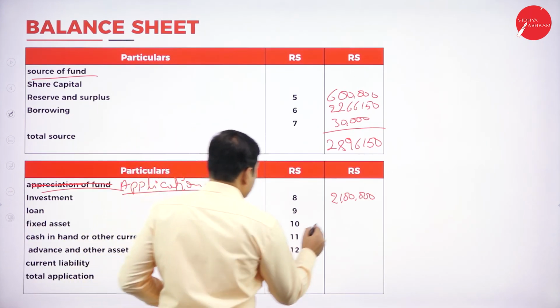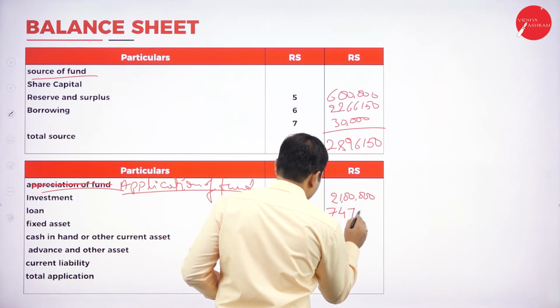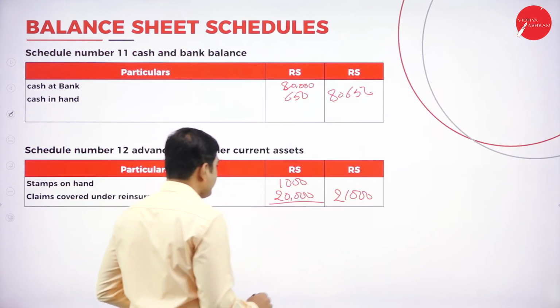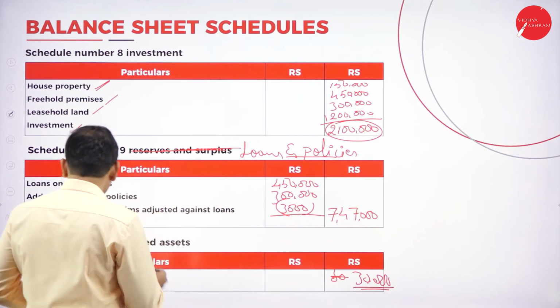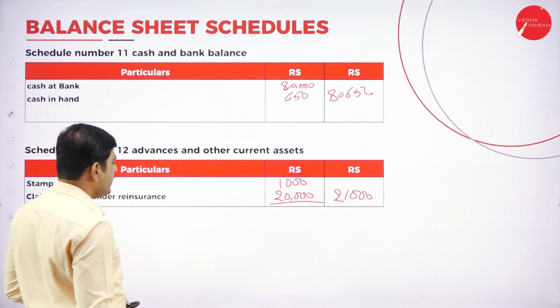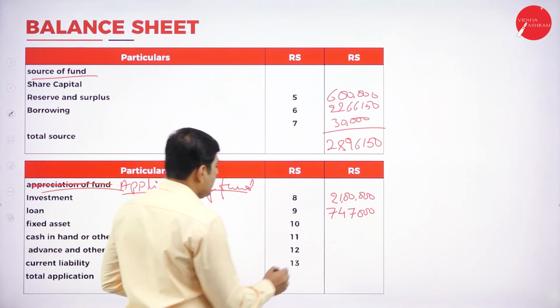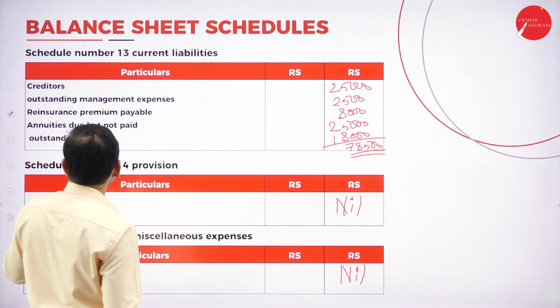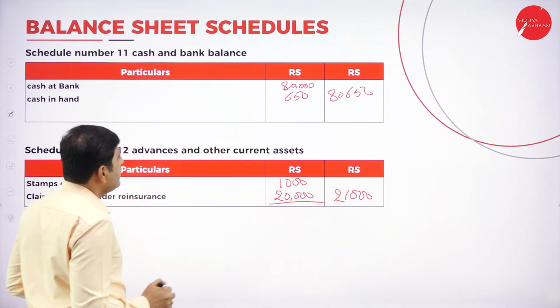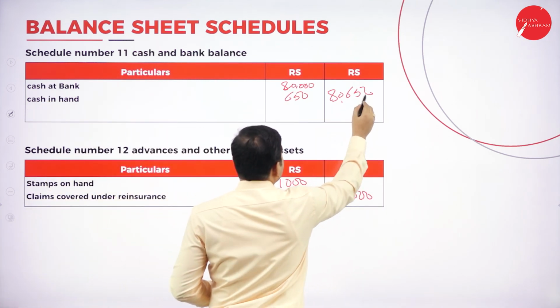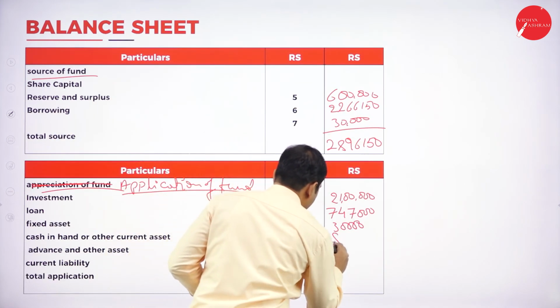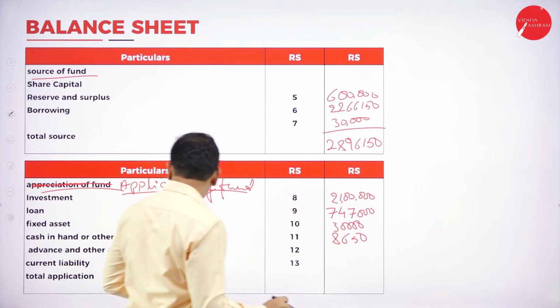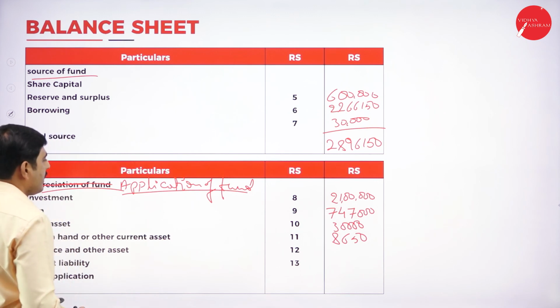So let's write 7 lakh 47,000. Next one, schedule number 10, fixed assets is 30,000. Coming to schedule number 11, it is 80,650.